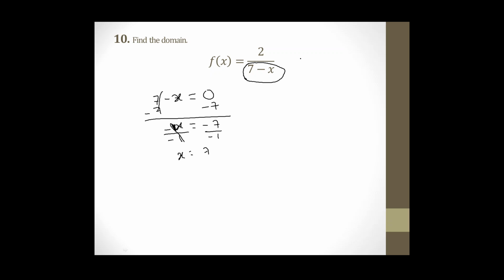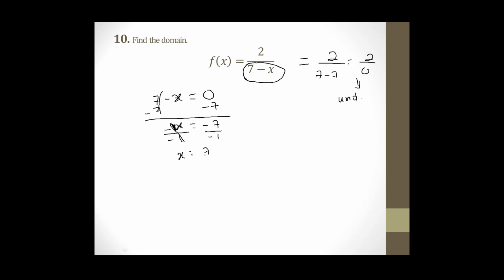And what we would have is 2 over 7 minus 7, make it 2 over 0, which makes it undefined. And that is exactly why the domain has to be all the numbers but 7.